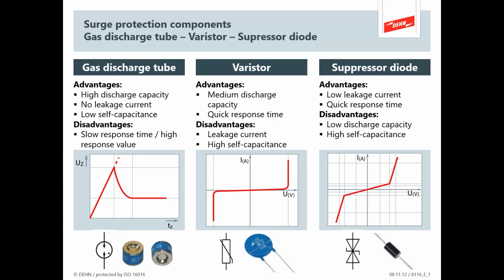These are particularly quick. They have very low leakage currents, but they don't take a huge amount of energy before they go bang. They are typically used in conjunction with the other components. So you've got the high capacity of the gas tube, but you've got the fast reaction time of the suppressor diode, and that would give you an overall SPD.